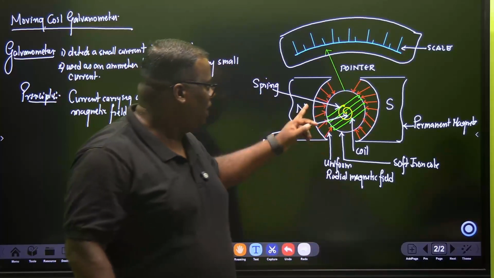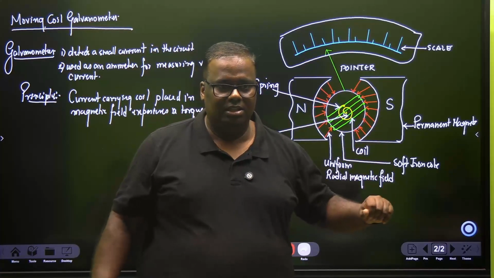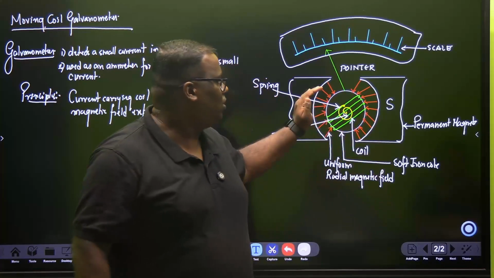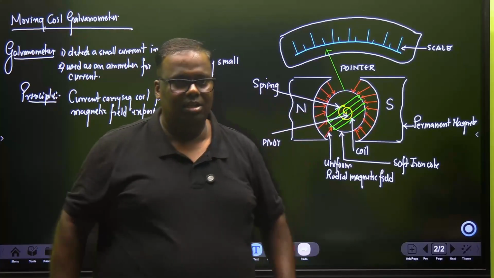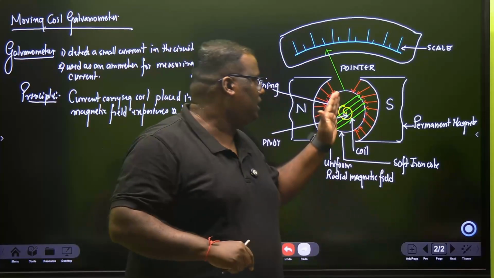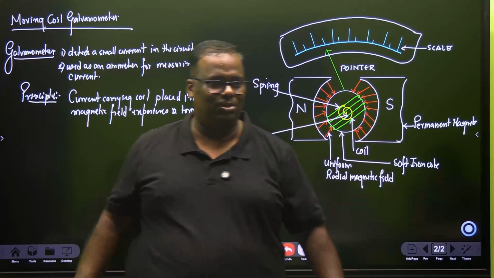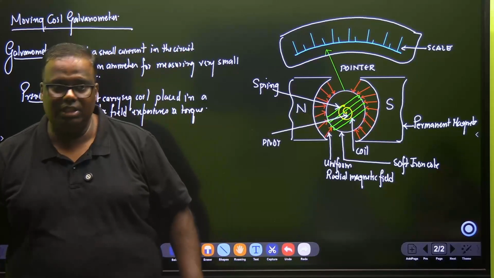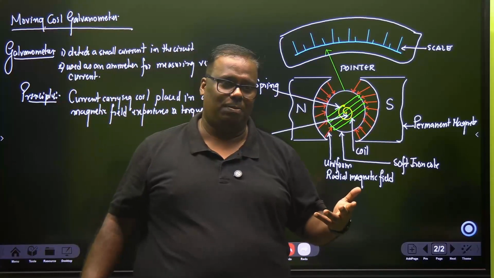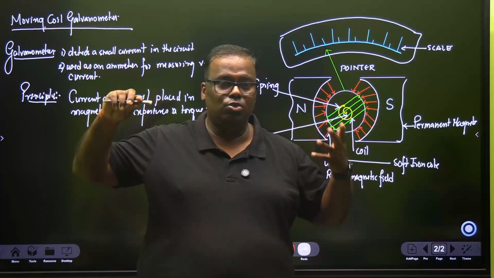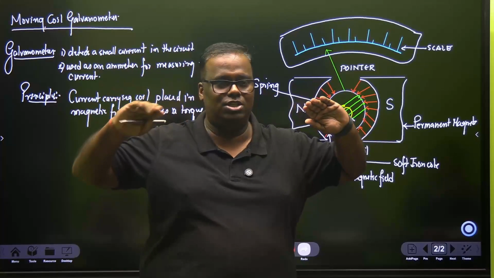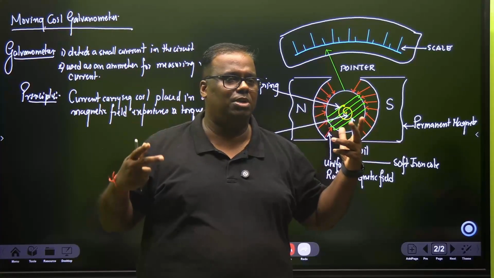Now, if the magnetic field is not radial, you have different thetas at every orientation of the coil. Different thetas means different torque. So you will not have a proportional relationship. See, what is the job of a measuring instrument?